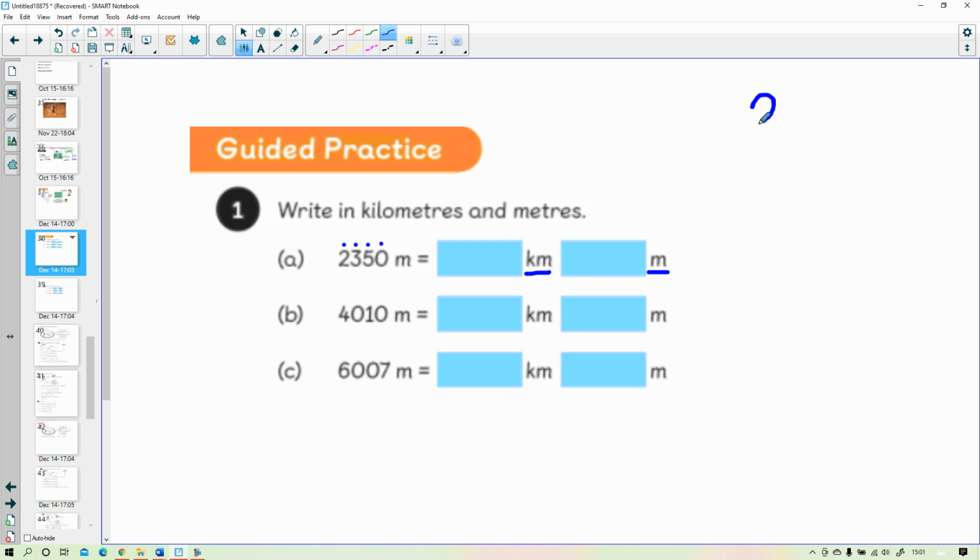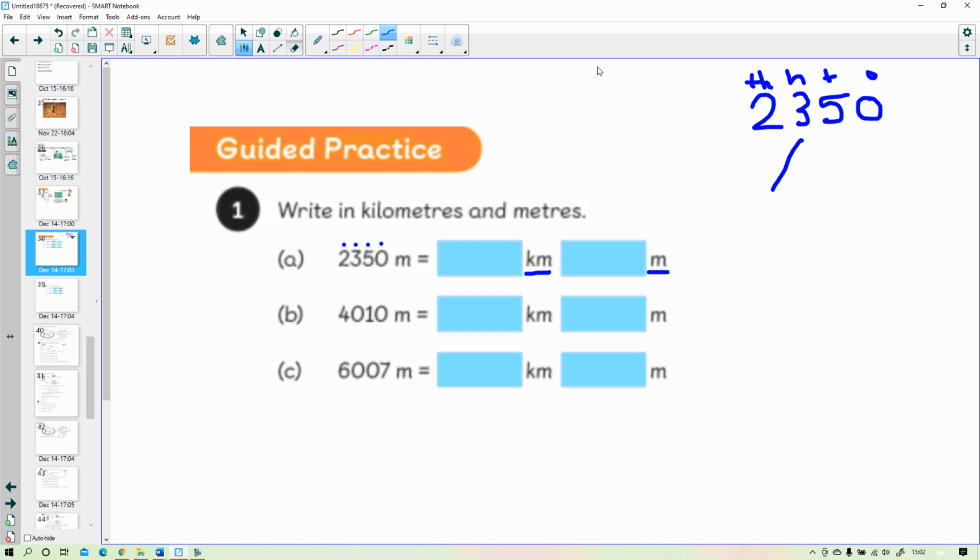Let's partition it then. 2,350. I'm going to mark on my ones, tens, hundreds and thousands as carefully as I can.